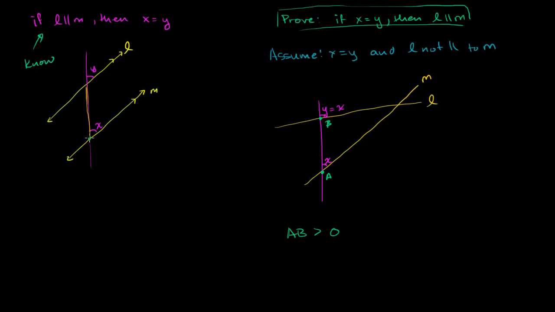And I think that's a fair assumption. So when we assume that these two things are not parallel, we form ourselves a nice little triangle here, where AB is one of the sides, and the other two sides are, if we label this point of intersection C, line segment BC and line segment AC.